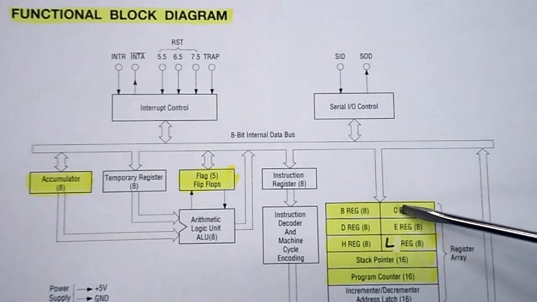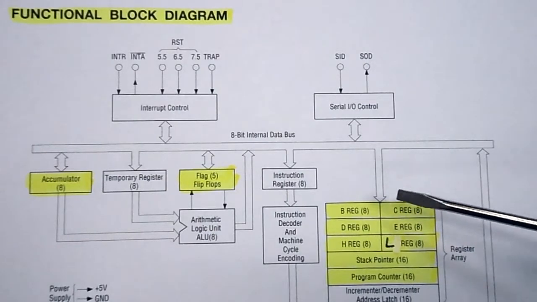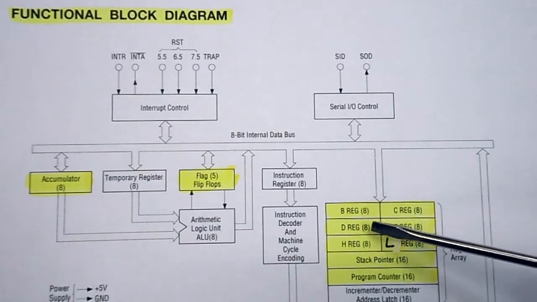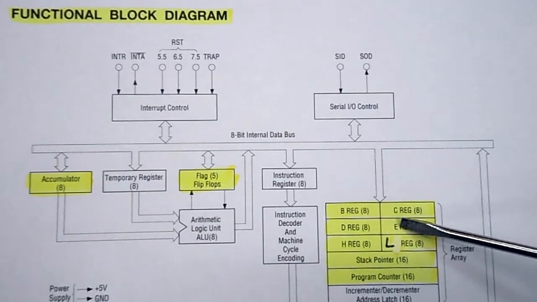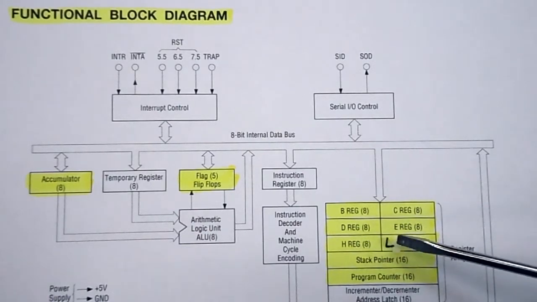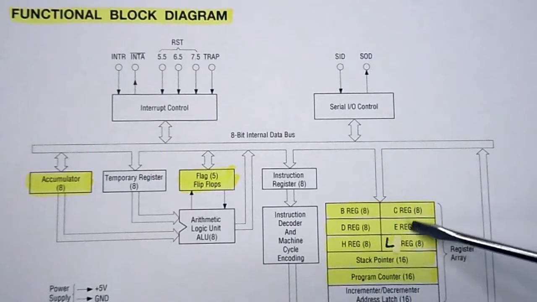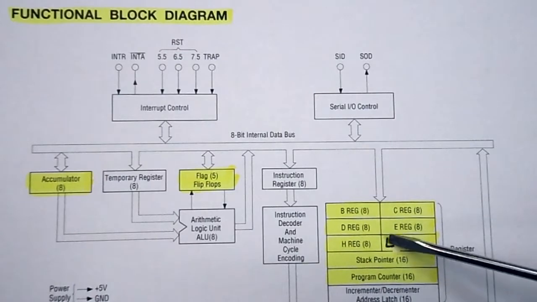Over here we have our register pairs. We have the B and C register pair, and they're both 8 bits in size. We have the DE register pair, both 8 bits, and the HL register pair that are also both 8 bits. Unfortunately, on this particular data sheet, they had called this the C register, and we can't have 2 C registers, so I've corrected that.